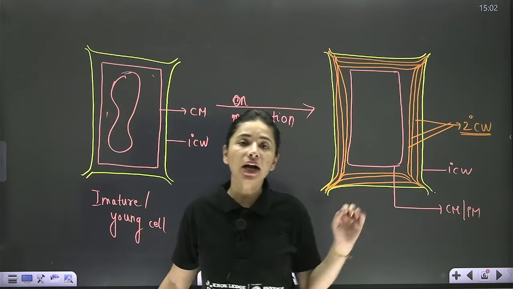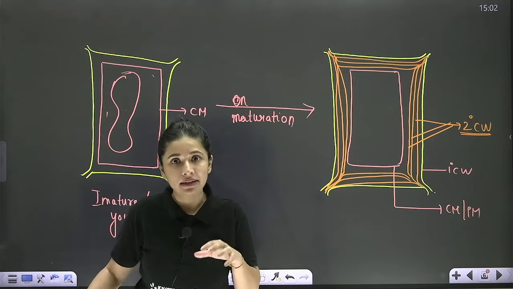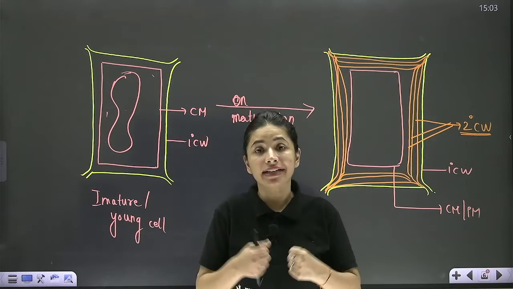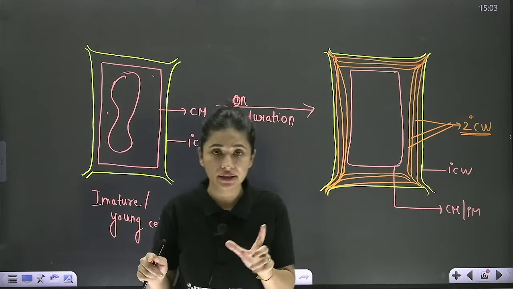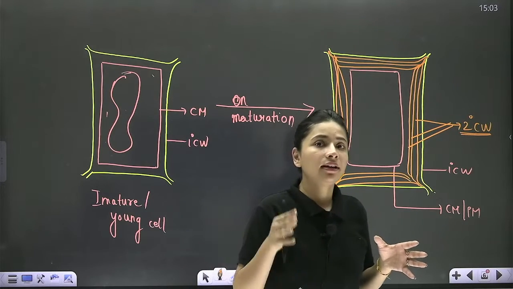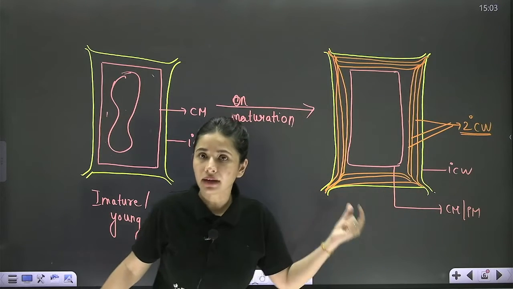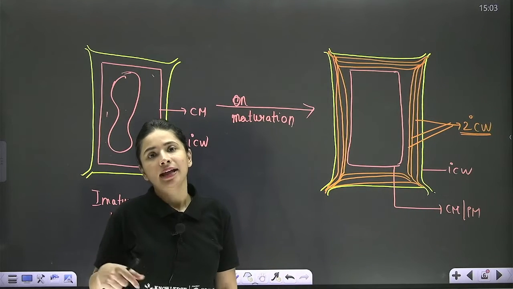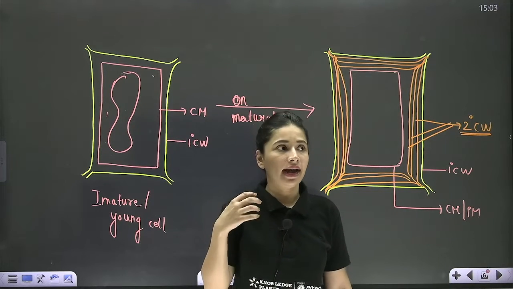A time comes when primary cell wall further does not expand, and due to continuous tension, that primary cell wall breaks and it vanishes, and now the only cell wall left is thick, dead, tough layer called secondary cell wall. Right? That is why we say that cell wall is dead layer, tough layer and thick layer.